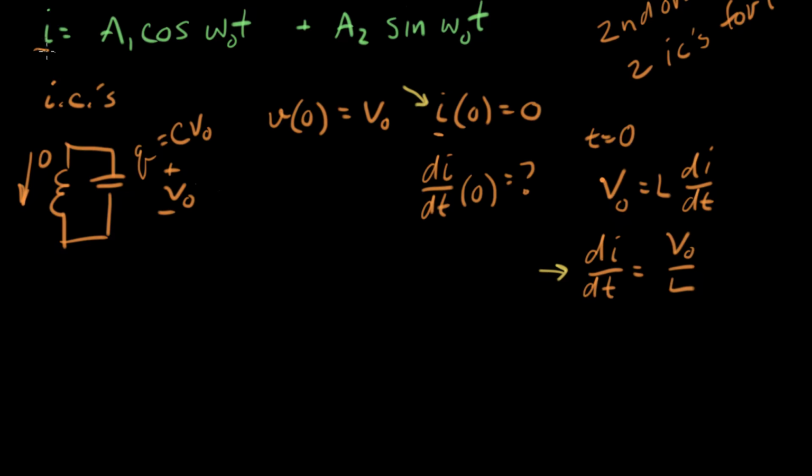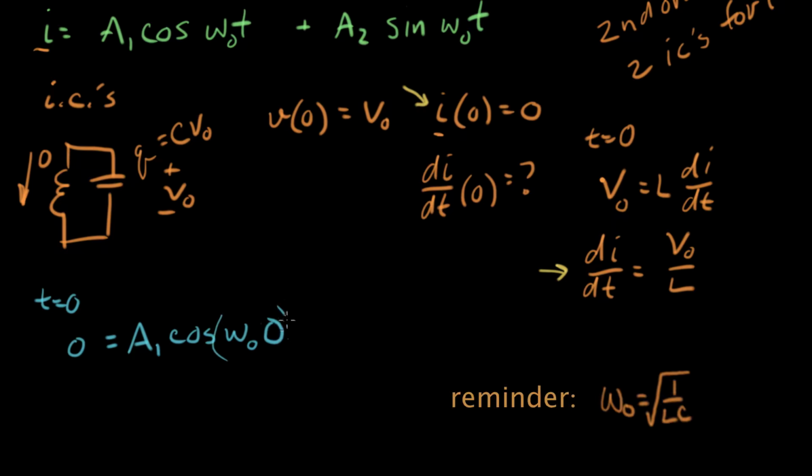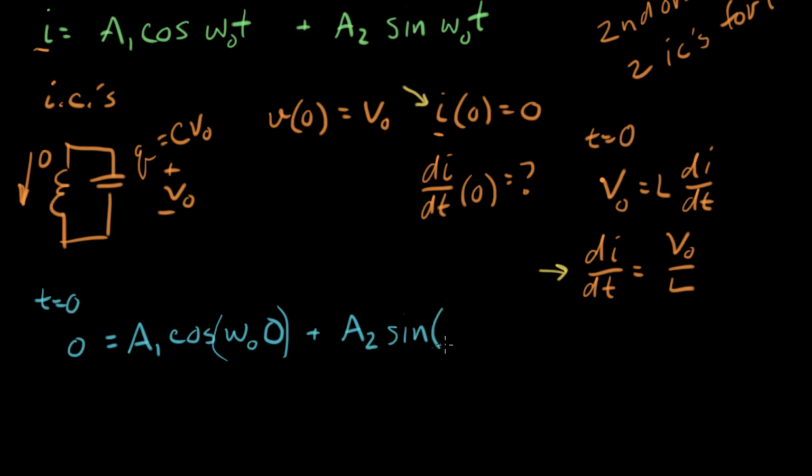First off, let's plug in I for time equals 0, and then see if we can work out something over here. So that means at time equals 0, the current is 0, and that equals A1 cosine omega naught times 0, plus A2 times sine of omega naught times 0.